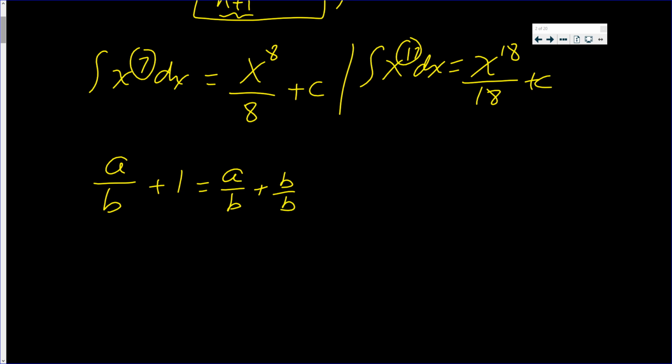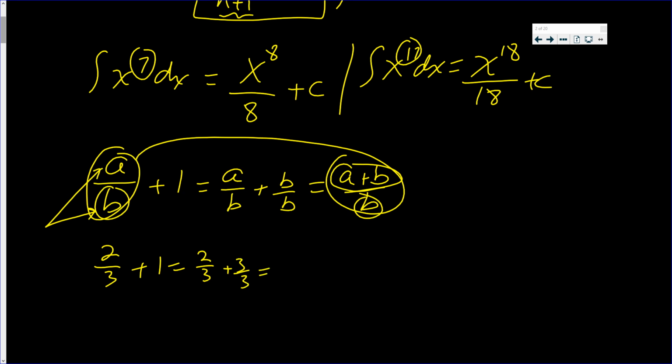So if you have 2/3 and you want to add 1 to it, rather than thinking of the 1 as 3 over 3, it's much quicker to add the 2 and the 3, get 5, and keep the same denominator. That is what 2/3 plus 1 is.